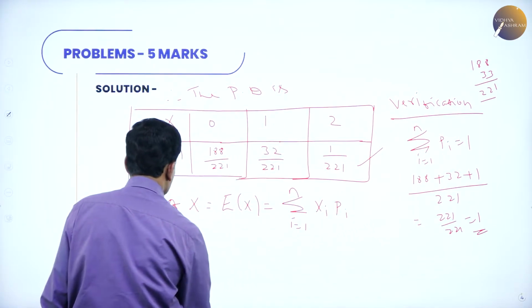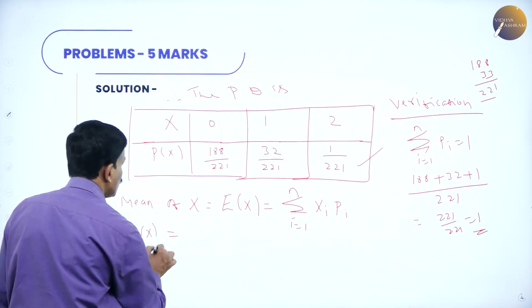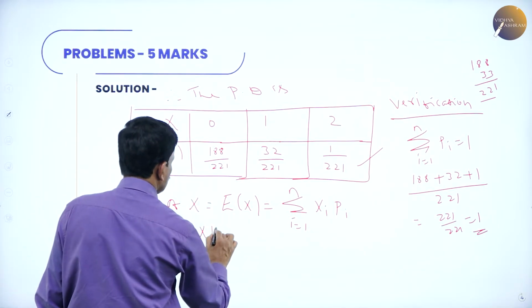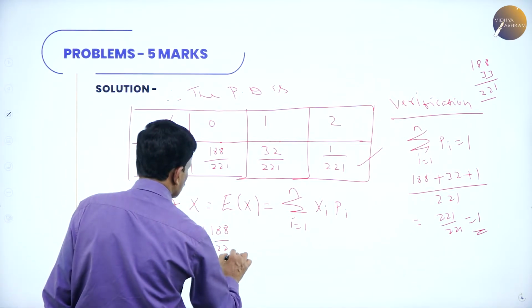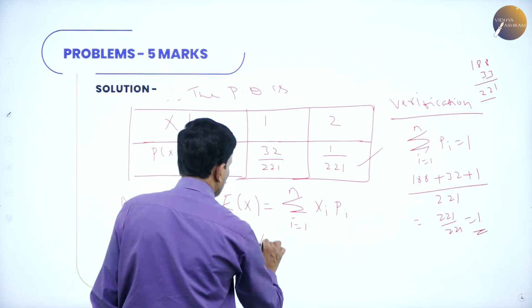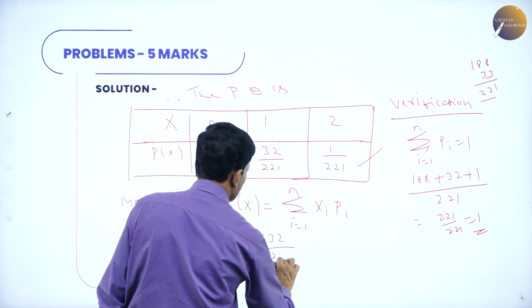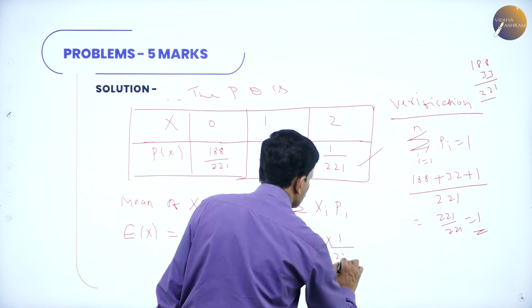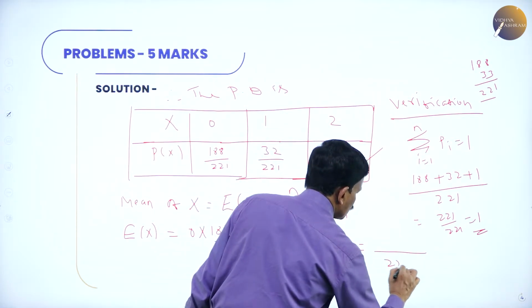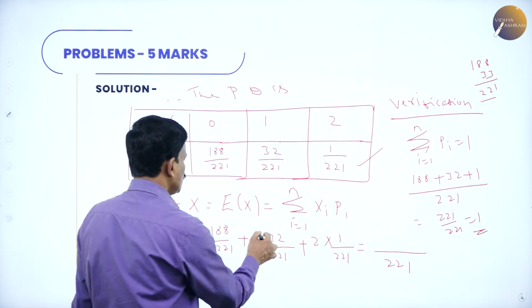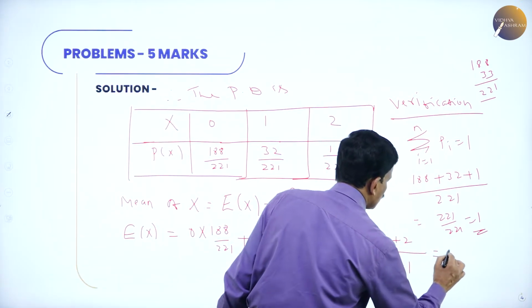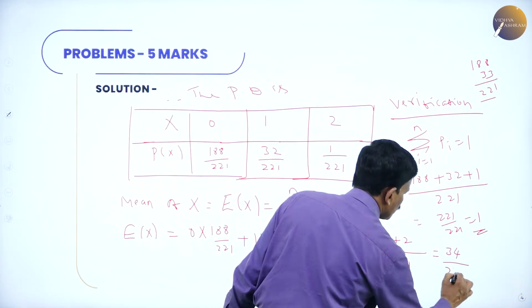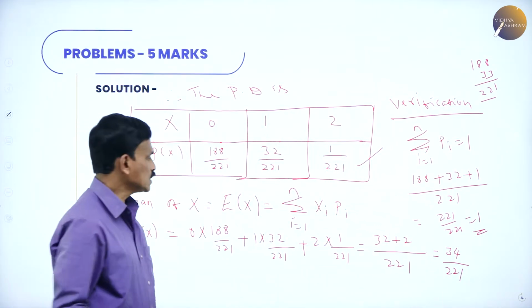So that is equal to E of x is equal to 0 into 188 by 221 plus 1 into 32 by 221 plus 2 into 1 by 221. So 221 is the LCM. This is 0 plus 32 plus 2, that's equal to 34 divided by 221. This is the first answer.